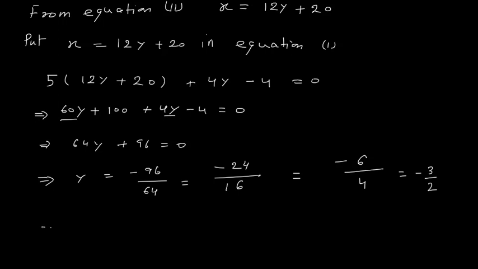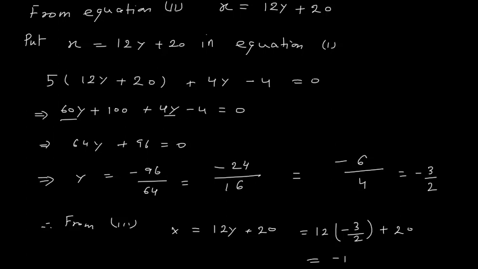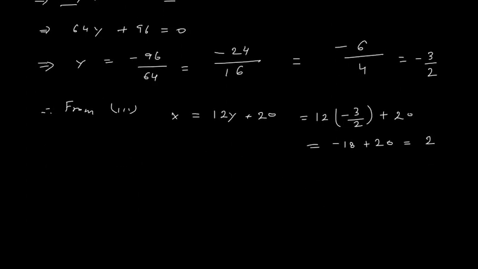Therefore from equation 3 we get the value of x. x is 12y plus 20, that will give me 12 into minus 3 divided by 2 plus 20. This will be 6 into minus 3, that is minus 18 plus 20, and this is 2. So the value of x is 2 and the value of y is minus 3 by 2.